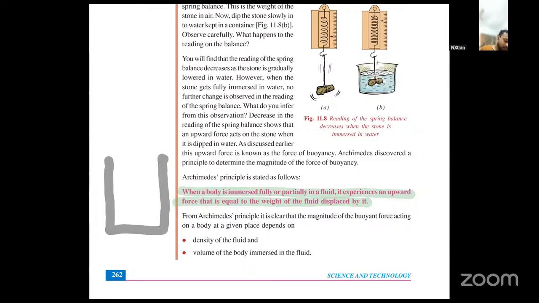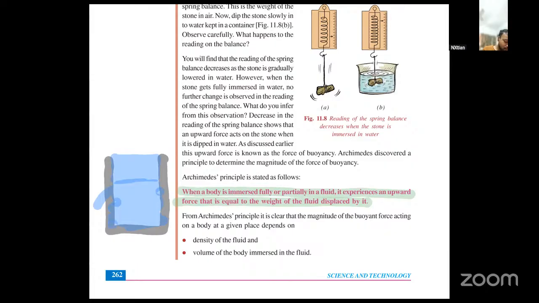This is a glass container, and here it is water, like this. The container is full of water.